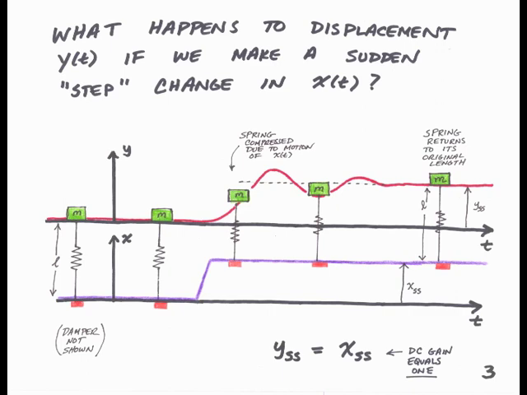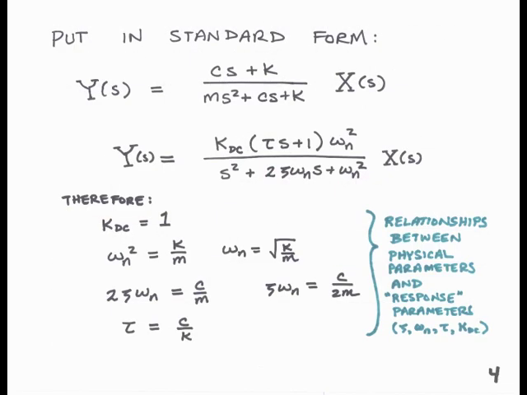Then after some time and some oscillation, the mass will settle down, and the spring will return to its natural length L. When it does so, we find that y has moved the exact same amount as x. And that's what it means to say the DC gain is equal to 1, that the steady state value of y is equal to the steady state value of x. So it does make sense that our DC gain is equal to 1.